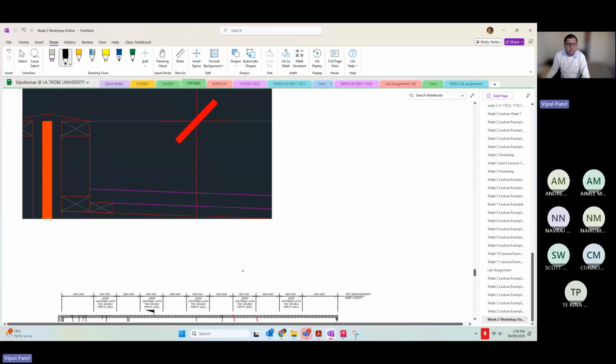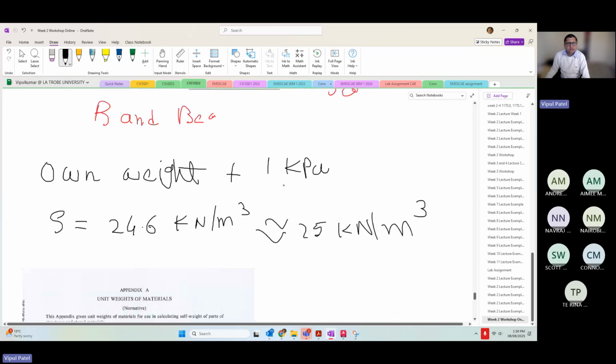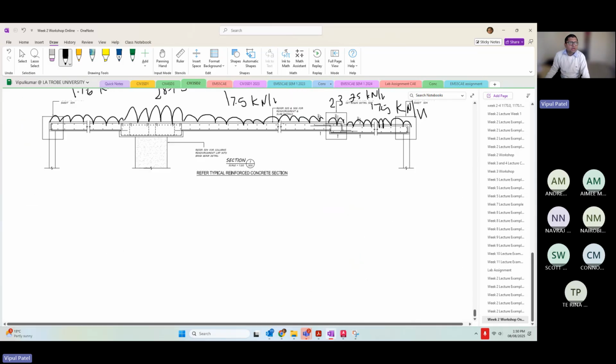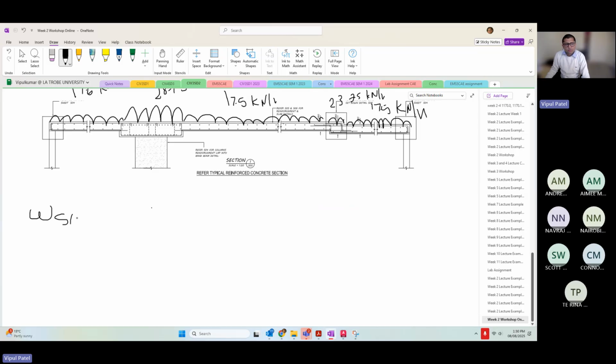This extra 1 kilopascal goes on top of these slabs because of attachments and tiling. So the superimposed dead load SI is 1 kilopascal times the perpendicular distance, which is 2.5 meters. So that will give me 2.5 kilonewton per meter. That is your superimposed dead load on top of the own weight of the concrete.